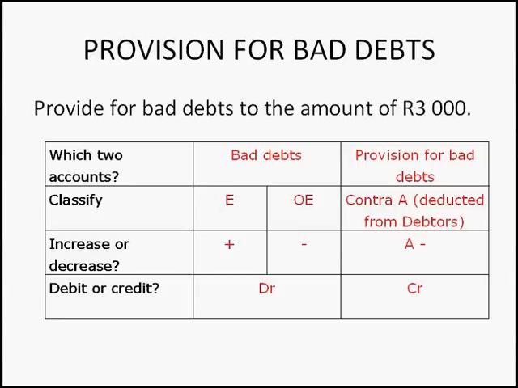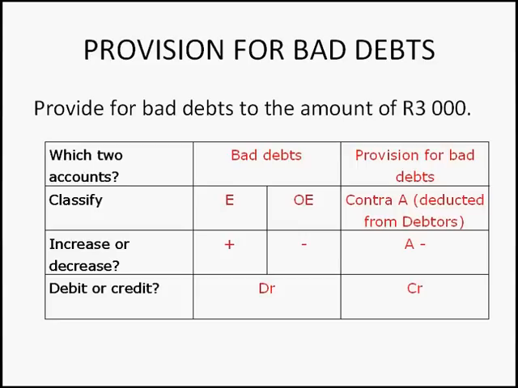Bad debts is an expense, and an expense increases on the debit side. And provision for bad debts is a contra asset, which means that my assets decrease, and assets decrease on the credit side. So it balances because I have a debit entry and I have a credit entry.